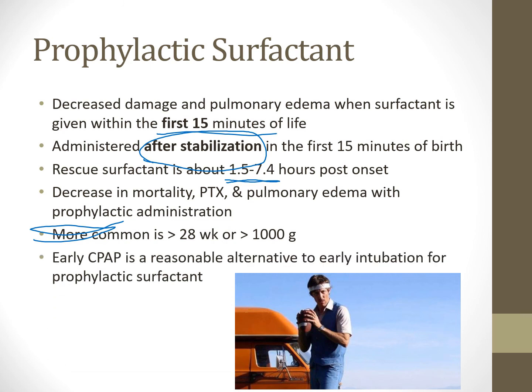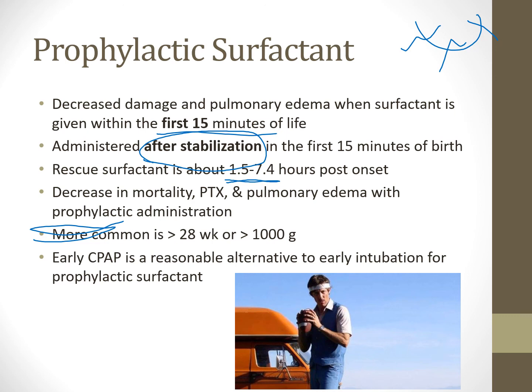If you're at a facility that doesn't do surfactant replacement therapy, or a facility that is uncomfortable or unable to intubate this baby, they might consider CPAP. They might consider putting this kid on just CPAP as an alternative to early intubation for surfactant. In other words, instead of giving them the medicine that decreases surface tension, let's go ahead and just stent open the airways as much as we can until the baby produces their own surfactant from their type 2 pneumocytes.